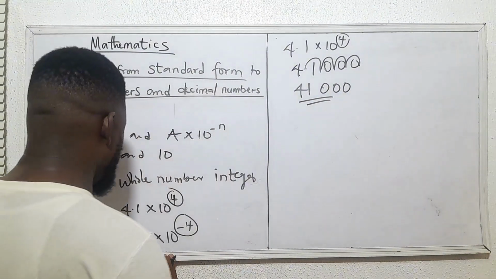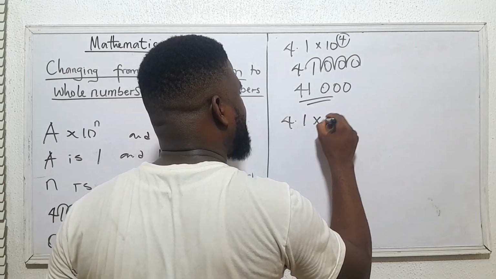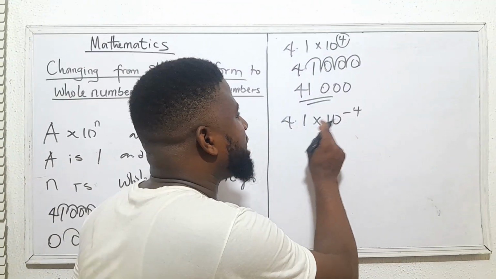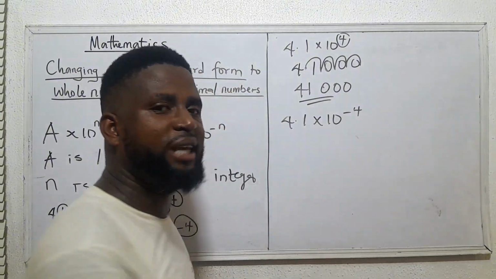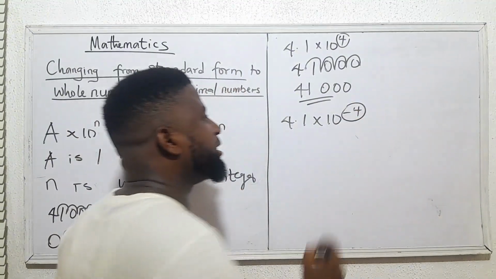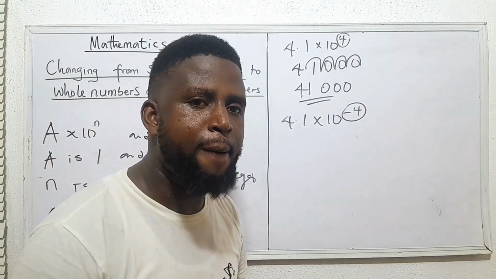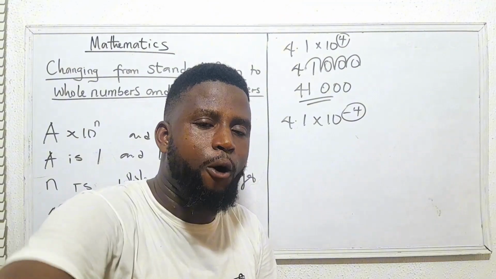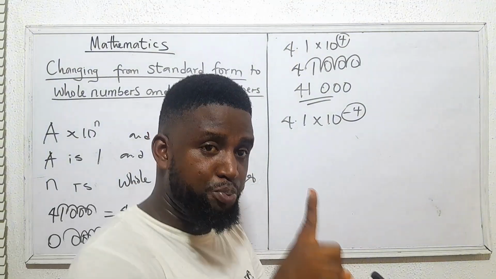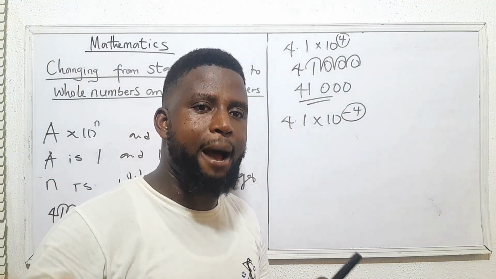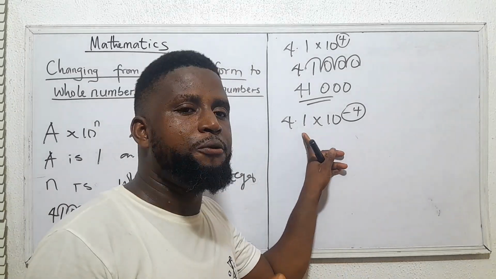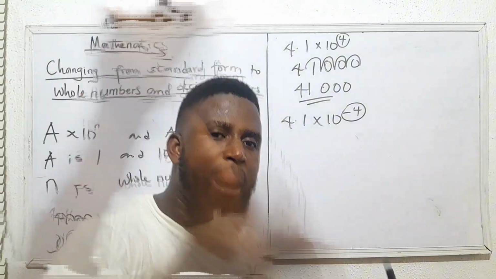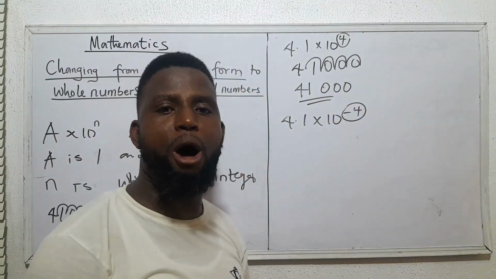What of decimal numbers? We have 4.1 times 10 raised to the power minus 4. Now, we know that we are converting this number in standard form to decimal number because our n is negative. Remember, if you are converting from decimal number to standard form, the place of your decimal point is moving forward. Now, what does that mean? It means if you are converting from standard form back to decimal number, the place of the decimal point will move backward the number of n times.